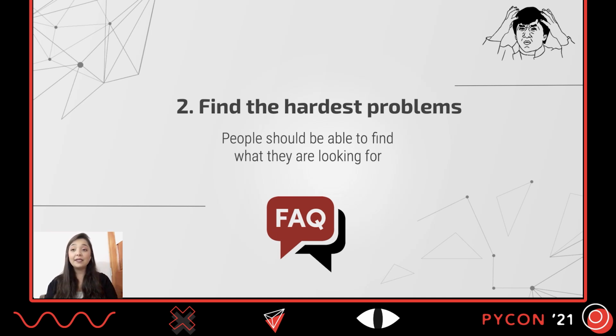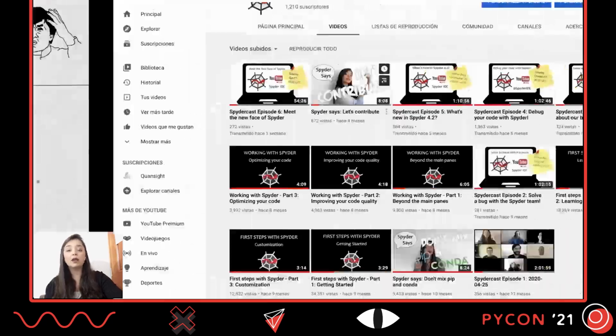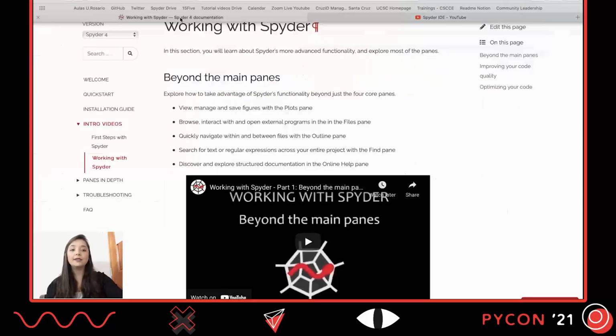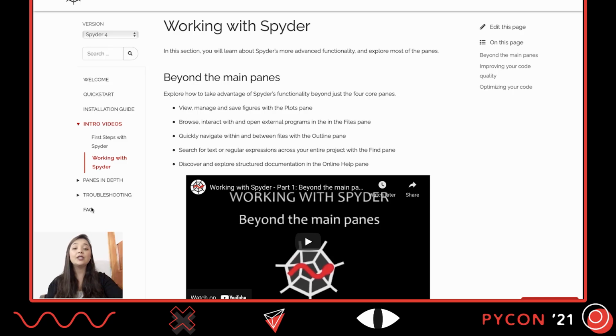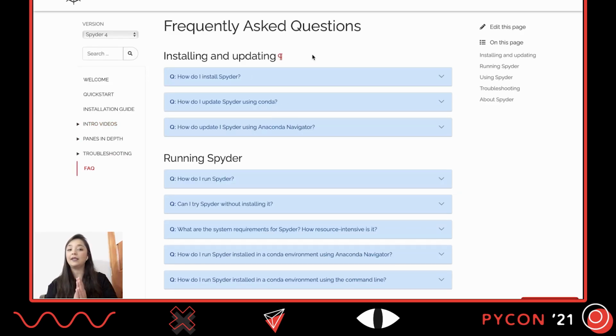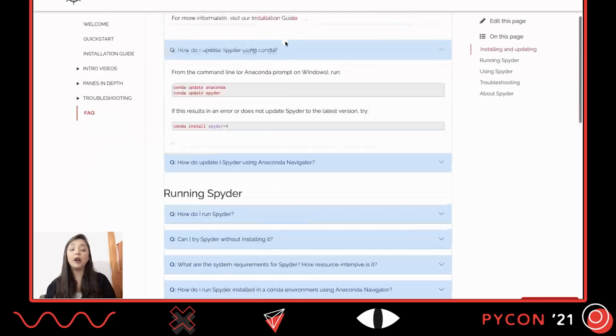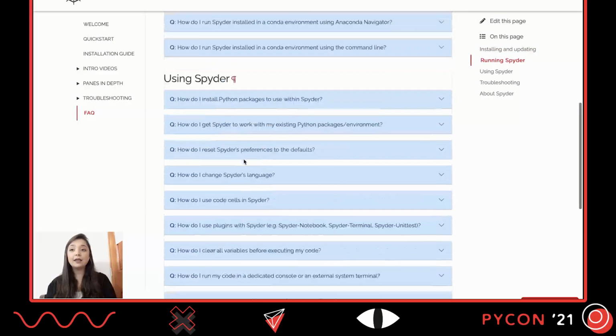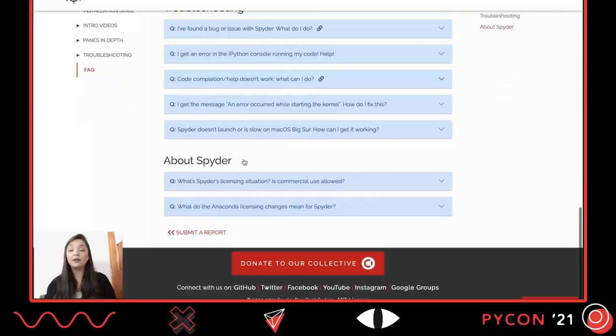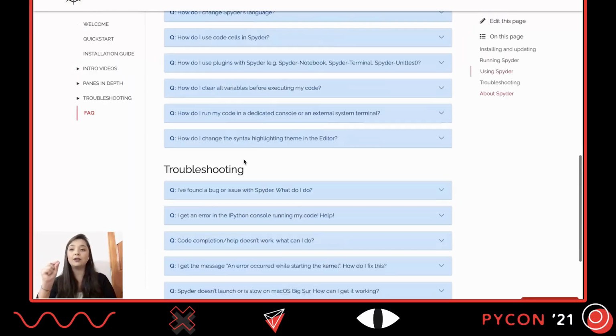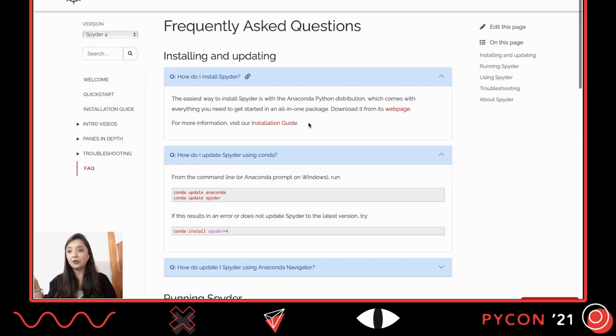One example of this is the frequently asked questions section that I created in our documentation. I collected the most common issues from our issue tracker, Stack Overflow, and Gitter, and I put them all in one place with summarized answers. I also split them by topics, which is a really easy way to find a solution for a particular question that a user has.